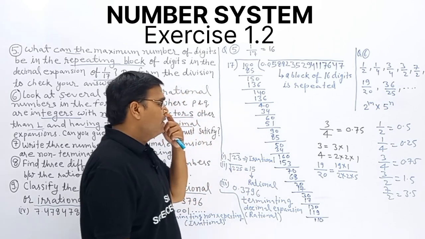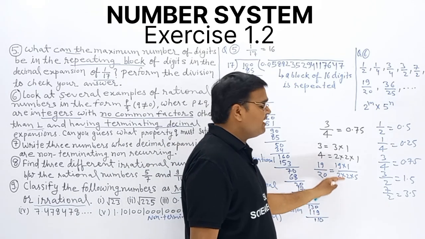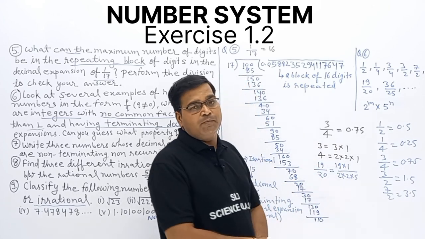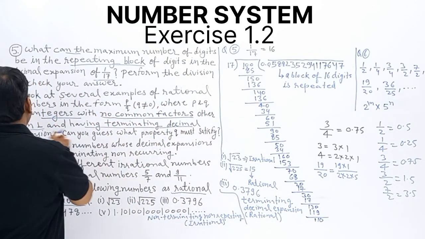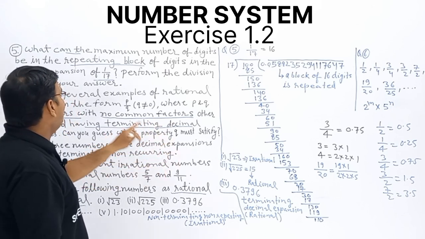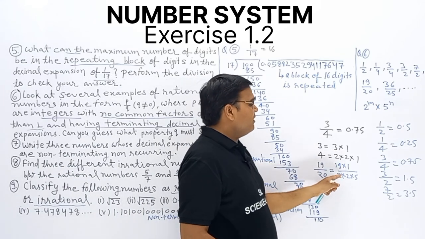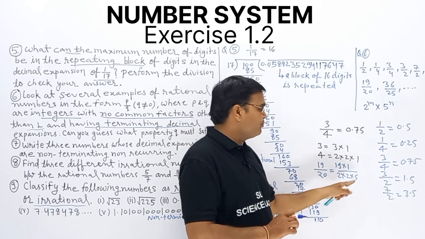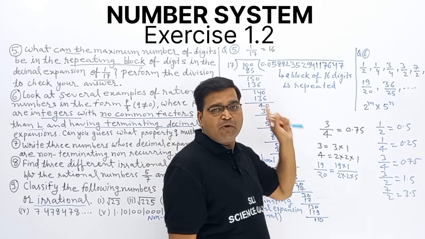Is there any common factor? No. In 19 upon 20, we have no common factor other than 1. 1 is common, but others are not. 19 is there, there is no 19; 2 is there, there is no 2; 5 is there, there is no 5. So only 1 is common. So this is the example of this question.